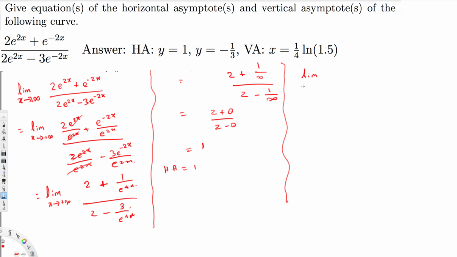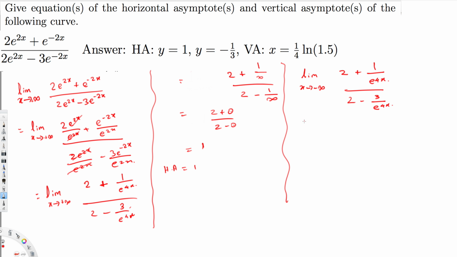Limit as x approaches negative infinity of (2 plus 1 over e^(4x)) over (2 minus 3e^(4x)). In this case, I can take e^(4x) as a common denominator, and let's see what happens.